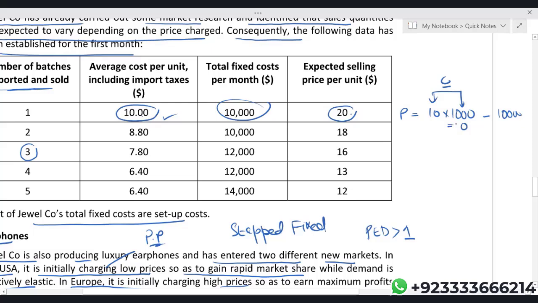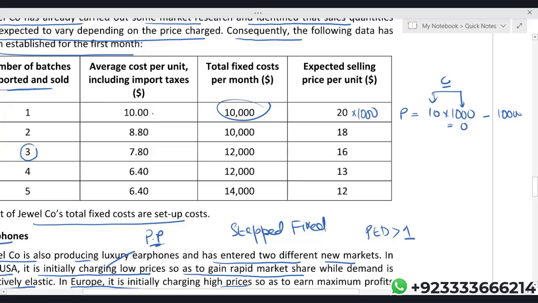So if you're dealing in just one batch, means 1,000 units, logically your profit is 0. Otherwise, there's another way to calculate the same thing. If someone takes 20 multiplied by 1,000, you will get a revenue of 20,000.